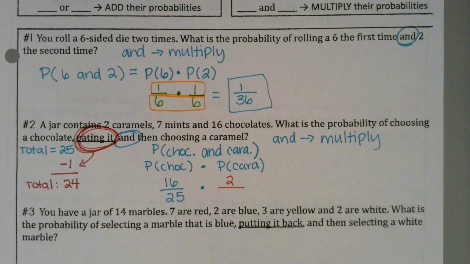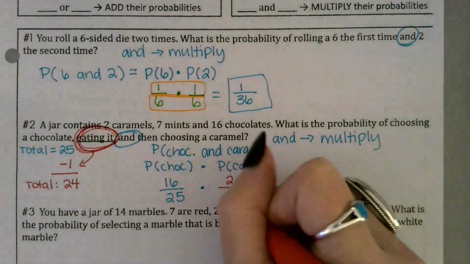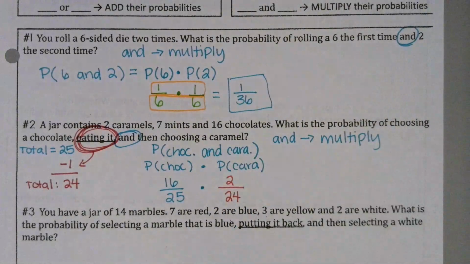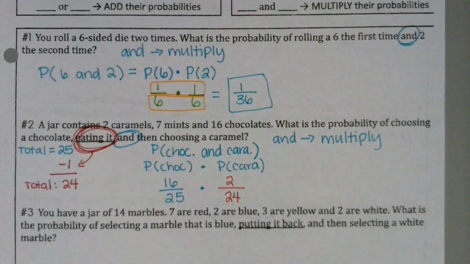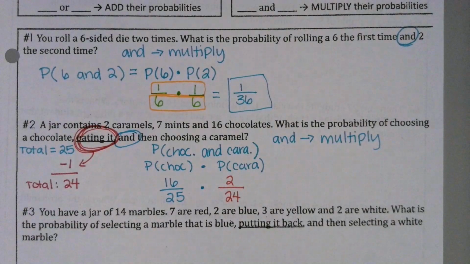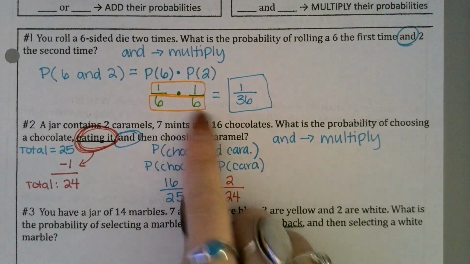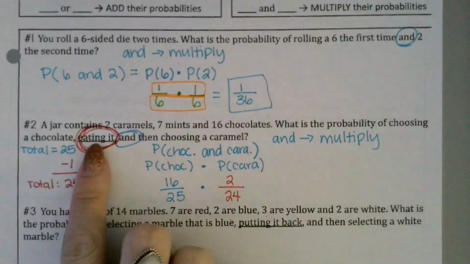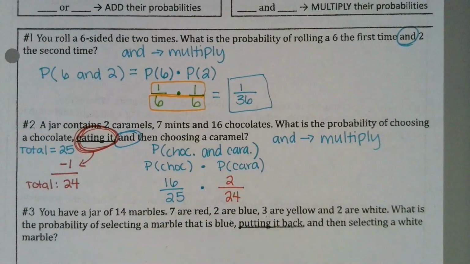So the probability of picking a caramel second is 2 out of 24 because we ate one of them. That happens sometimes. They are usually very specific about telling you that something's not being put back in. If it doesn't say anything, we generally assume it is. In the last problem, there was no way that we could take a face off of the die, right? There is no way to do that. So that total stayed the same, but for this one, it specifically says something different has happened.